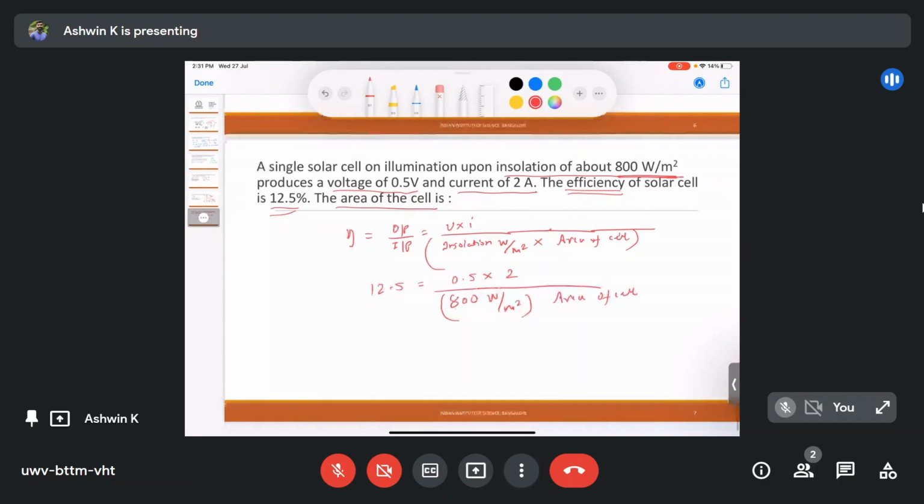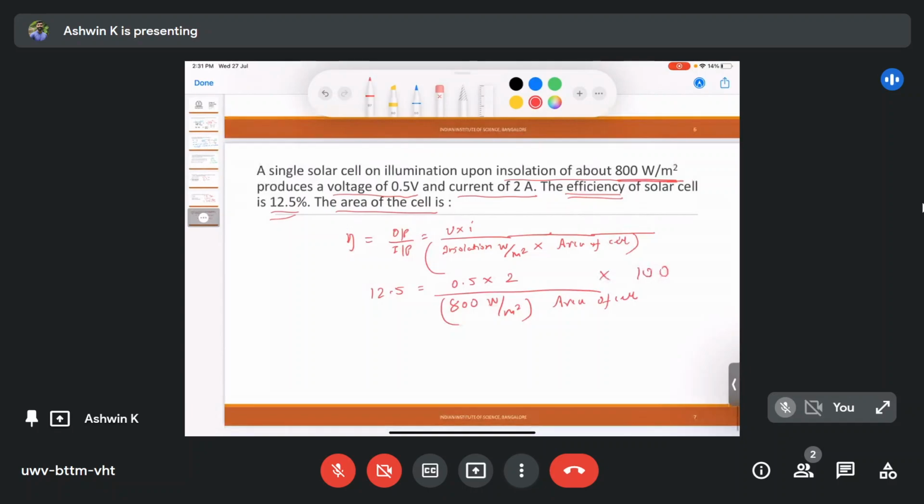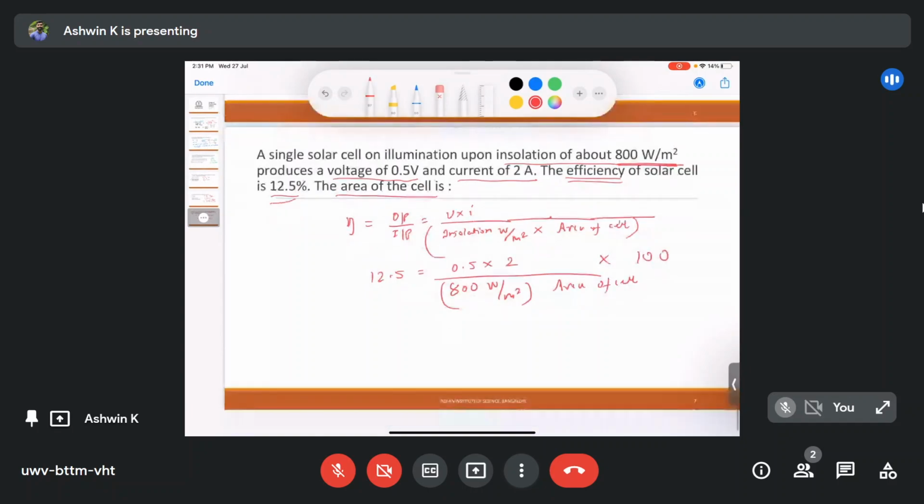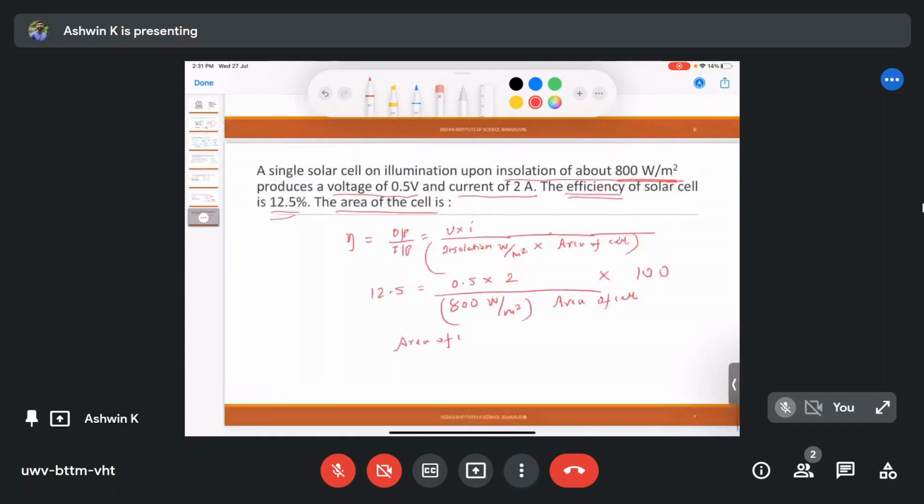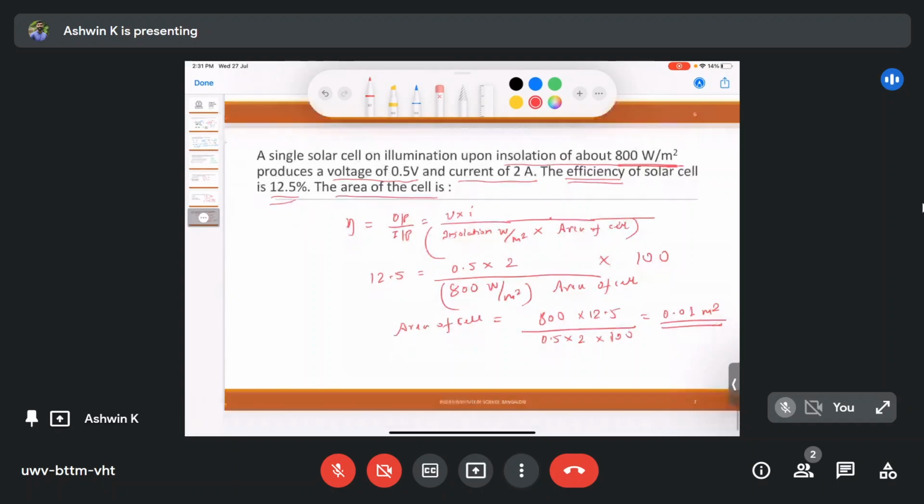This will be in percentage, so we multiply by 100. If you solve this, the area of the solar cell will come out to be 800 into 12.5 by 0.5 into 2 by 100. So this will come out to be 0.01 meter square. This is how we could obtain the area of a solar cell.